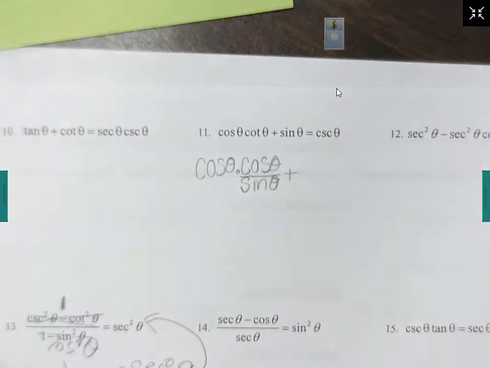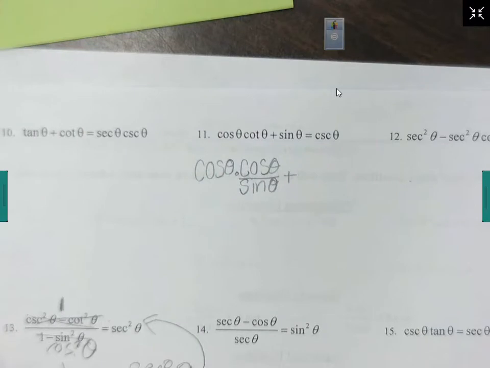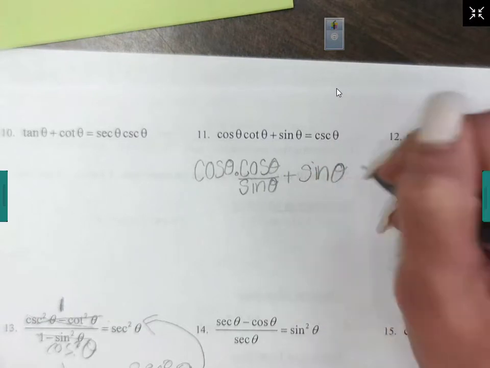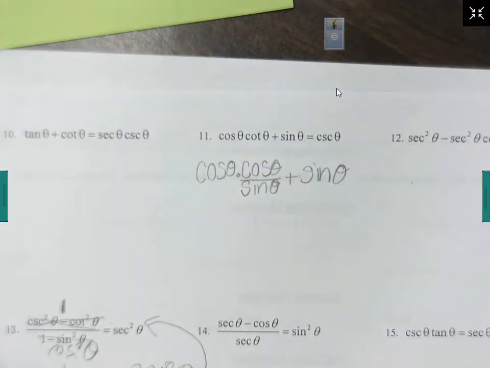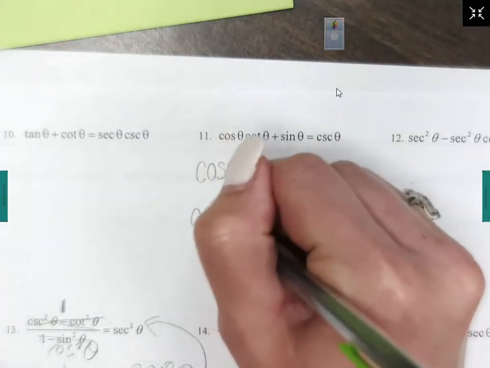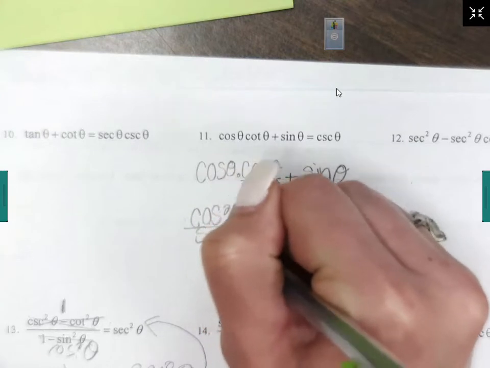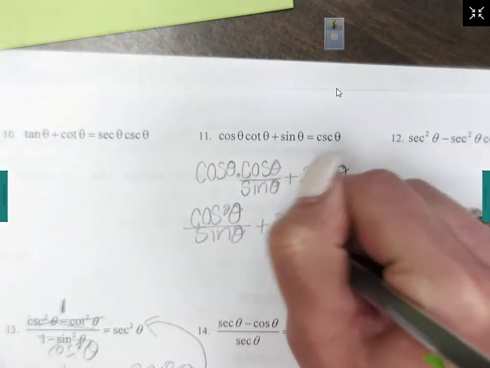Plus, do we want to change sine of theta? No, we do not. So we're going to leave that as sine of theta. We're going to simplify this further by multiplying these, and that gives us cosine squared of theta over sine of theta plus sine of theta.